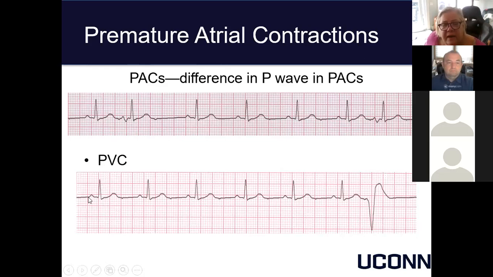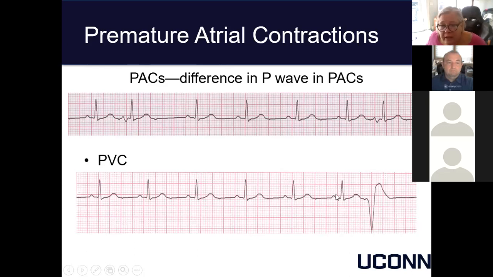Down here, you've got, again, nice P waves, all looking the same. QRSs have the same morphology each time until we get here. It's got a downward deflection. It's got an exceptionally wide duration.